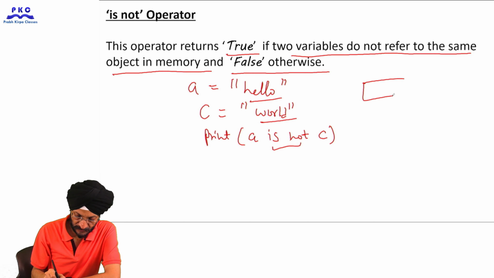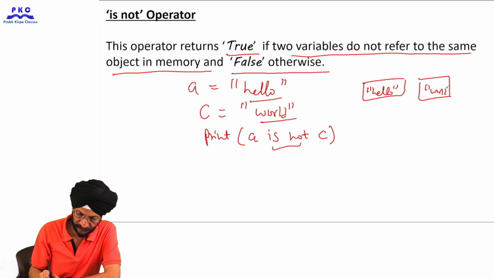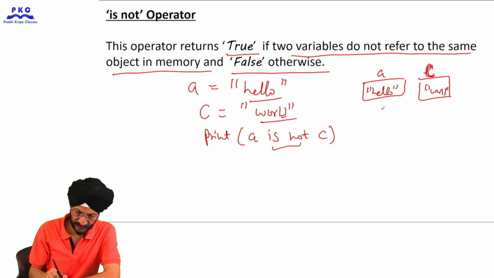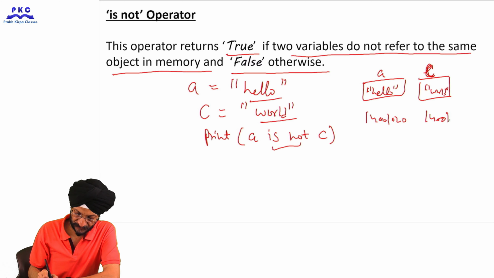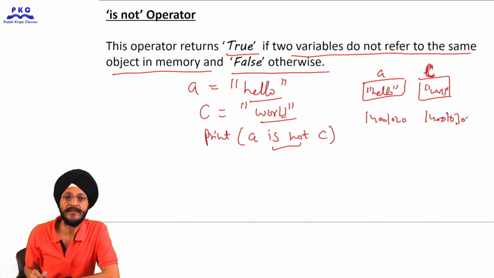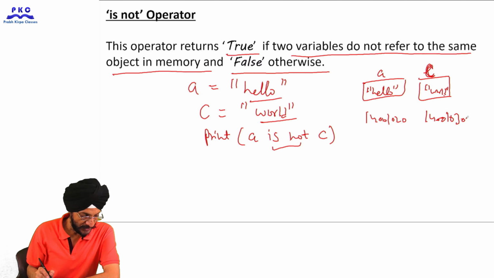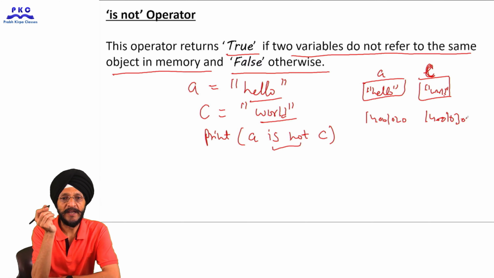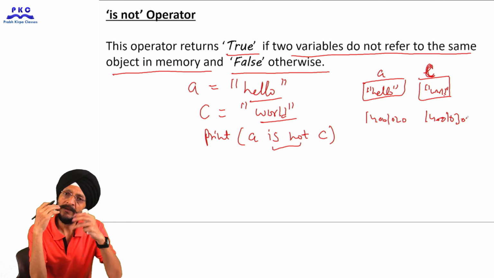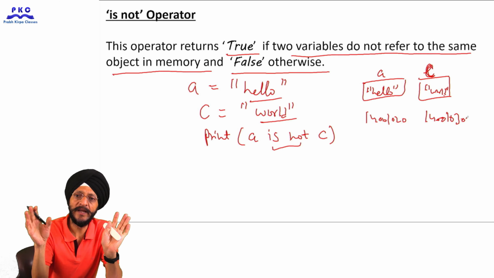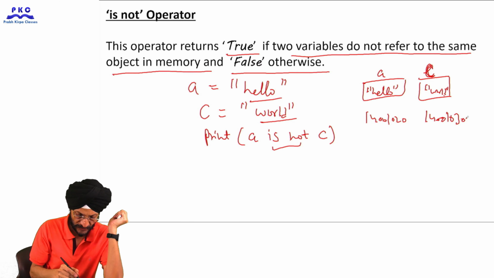So in memory, they will be stored at different memory locations. This will be A, this will be C. Suppose they have IDs like this, and memory locations like this. It is not for us to allocate; the memory manager will automatically allocate different memory to A and C.